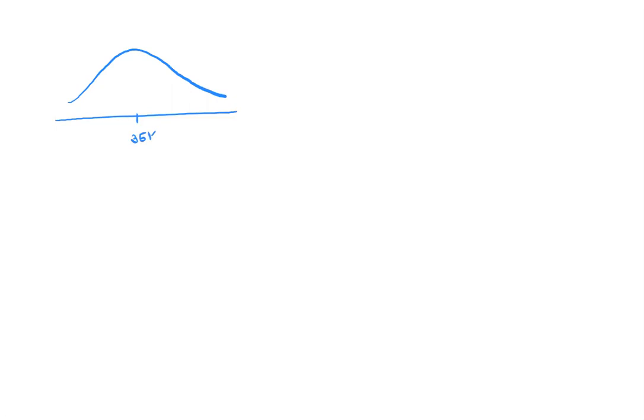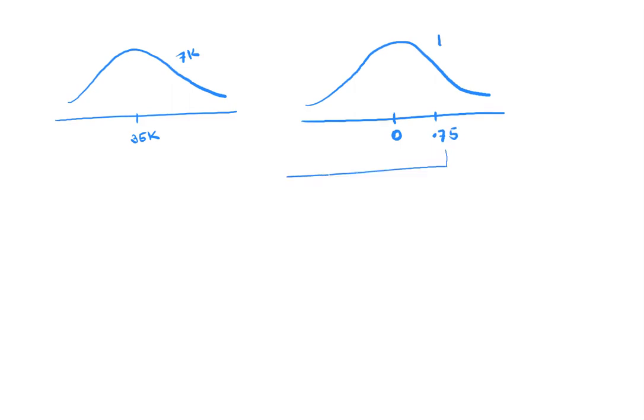Mean $35K, standard deviation 7K. Let's say 0.75 is somewhere here. What value does it translate to? Right here, some value X is equal to something.